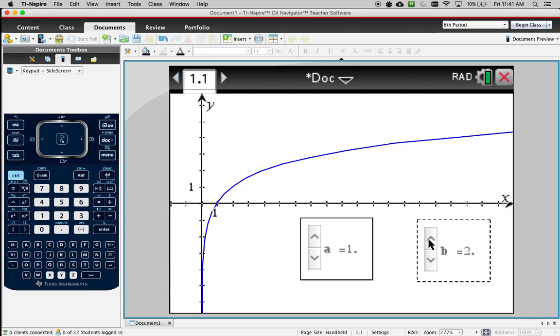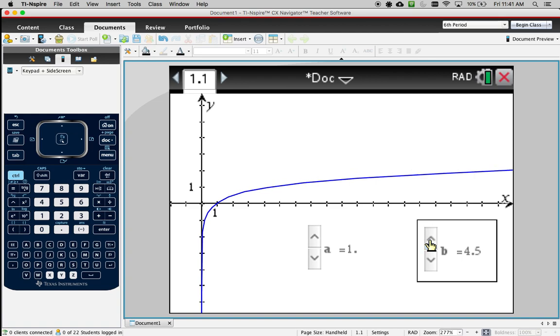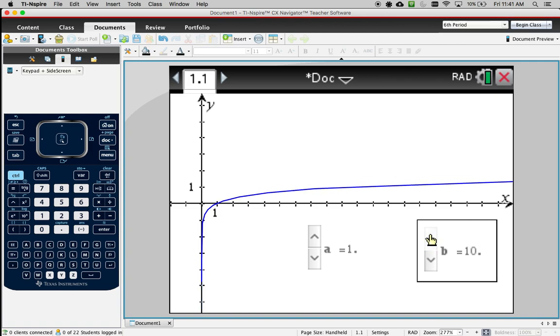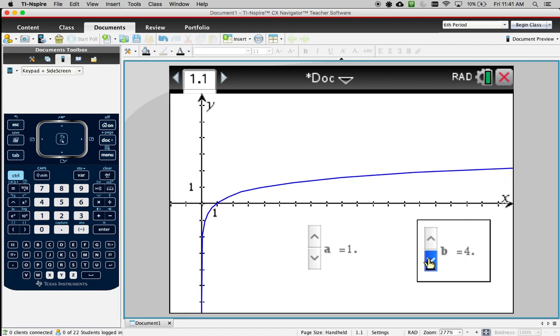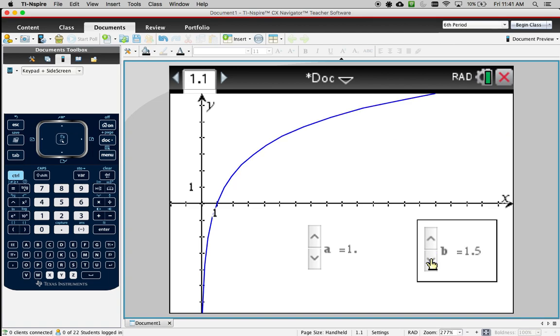All right, and then let's look at the B. So with B, as B increases, it actually causes this line to go lower, okay? A couple of bases that you'll see most often are 10 or 2, and sometimes you have log base e, okay? But let me show you what happens when you get a 1. It just disappears, okay?